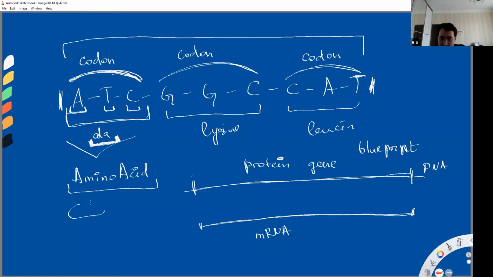And this messenger RNA is the algorithm for ribosomes. So you have 2 units of ribosome, and this mRNA will go between these 2 ribosomes, and they will read it codon by codon. So let's say these are codons on this mRNA, and they are the same as the codons on DNA.